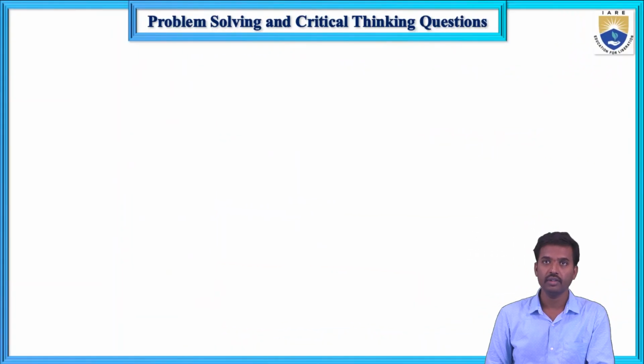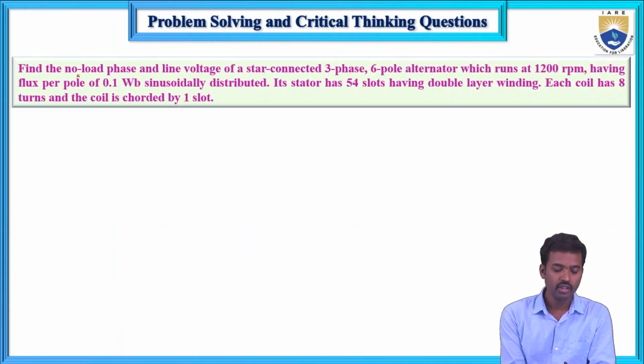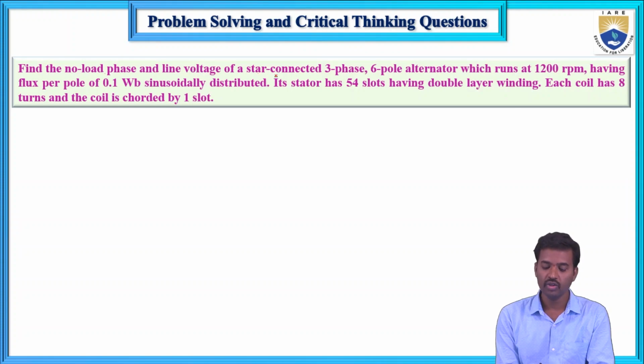Next problem: find the no load phase and line voltage of a star connected 3 phase 6 pole alternator which runs at 1200 rpm, having flux per pole of 0.1 Weber. It has 54 stator slots and a double layer winding.